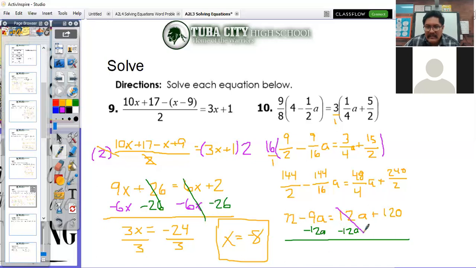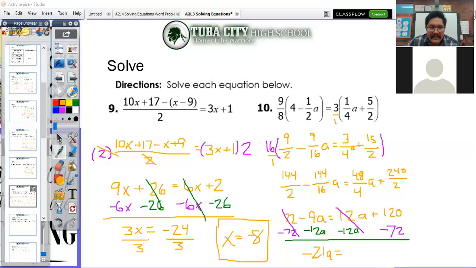And since I minused this side here, I'm gonna minus this number here. So minus 72. And I get negative 21a equals 120 minus 72.